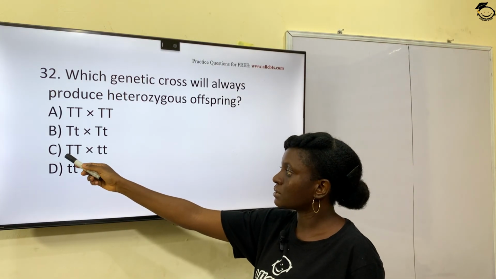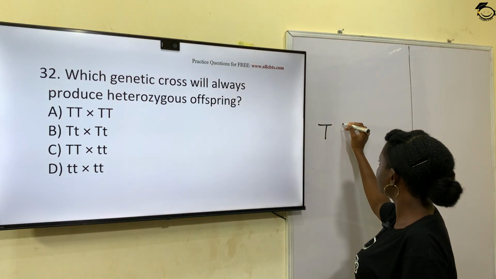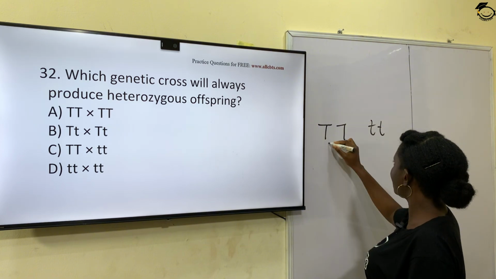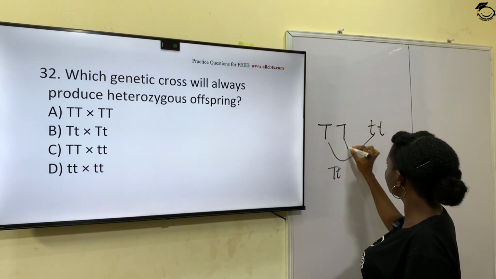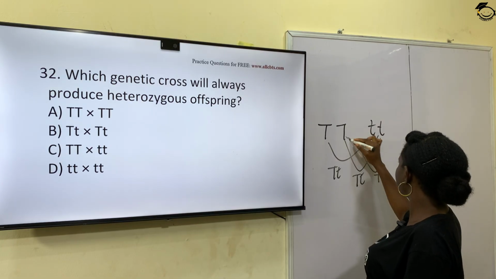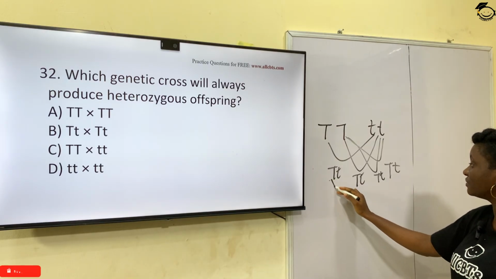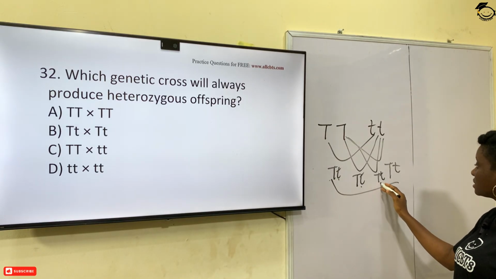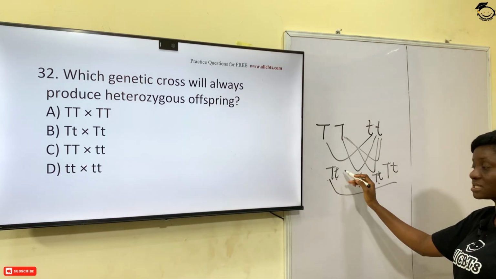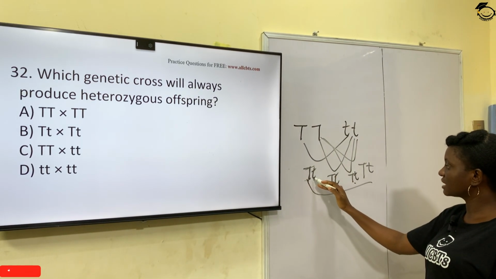For this, if you look at the cross, from normal crossing you'll see something like this. You have the result: capital T, small t. Let's say capital T indicates tall, small t indicates short.